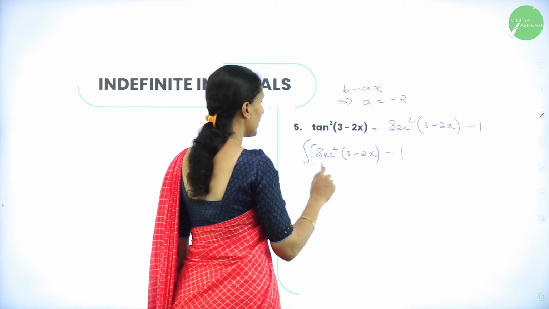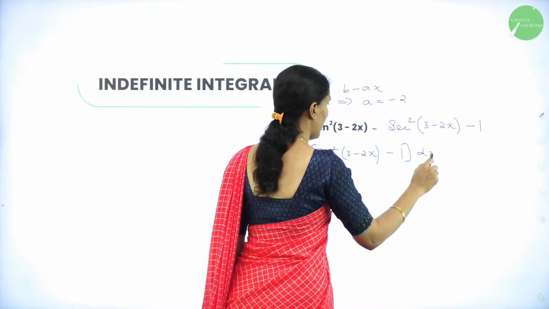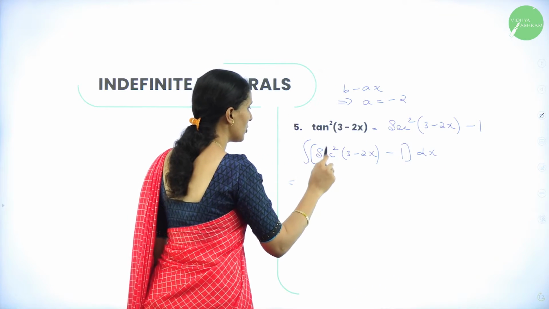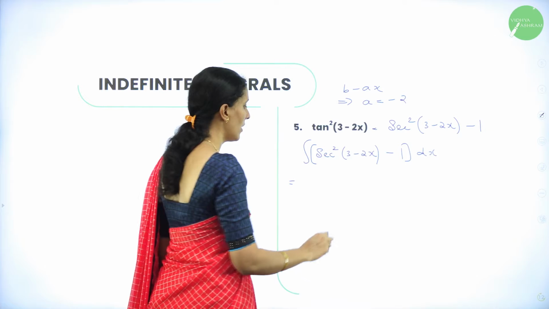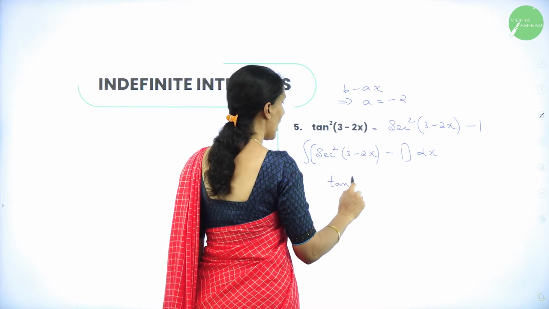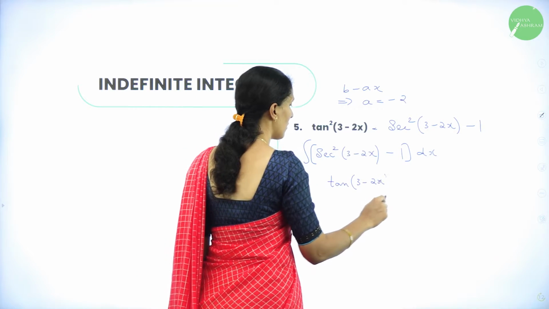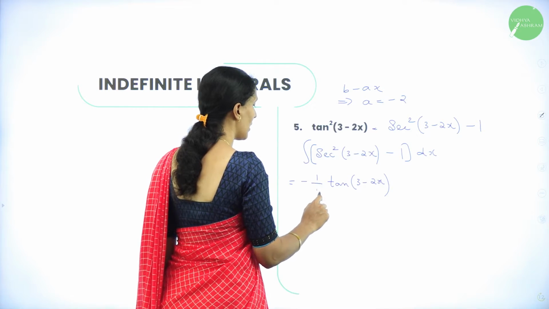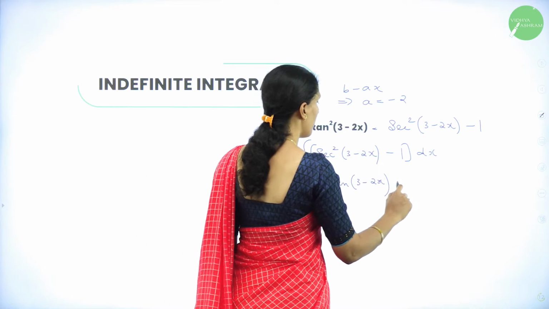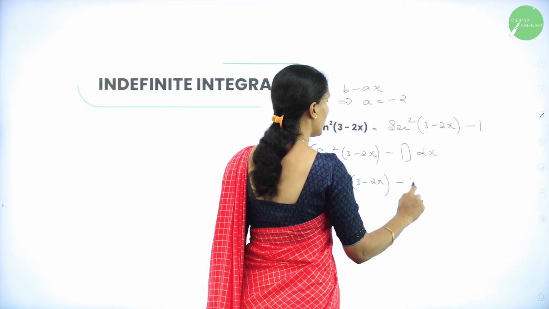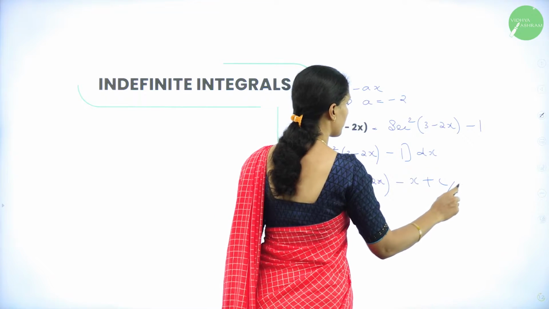So therefore you are integrating the function with respect to x. Integration of secant square x is tan. So this can be written as tan 3 minus 2x, 1 by a can be written as minus 1 by 2. Next, minus integration of 1 into dx is x plus c.